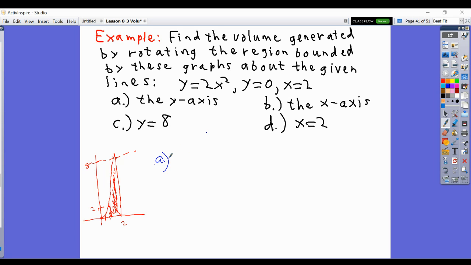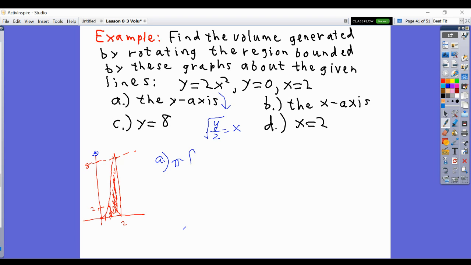So part A, if I want to rotate this around the y-axis, I said earlier we have two options. If I turn my head sideways and do it with respect to y, I'm going to solve this one real quick. Y divided by 2 equals x squared, so x equals the square root, and we're just going to keep the positive side of that. So if I do it with respect to y, then I'm doing the washer method.